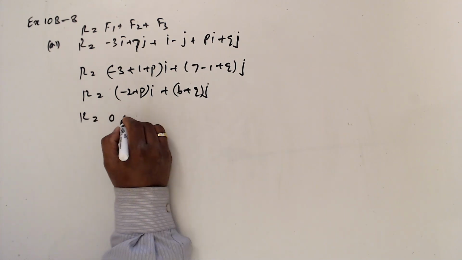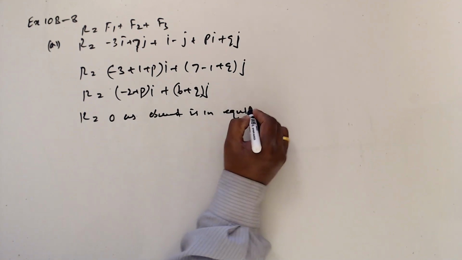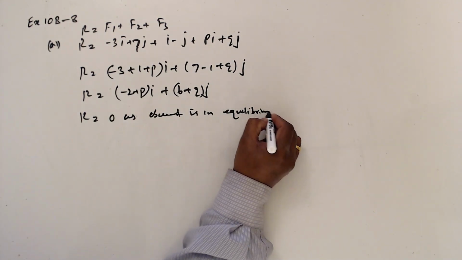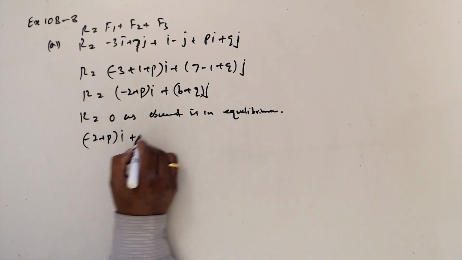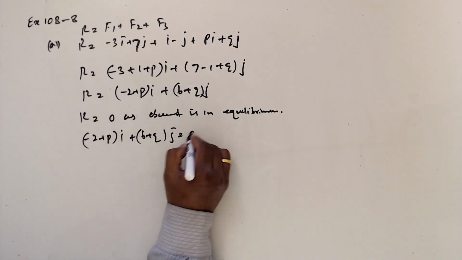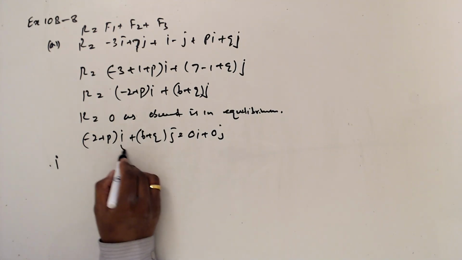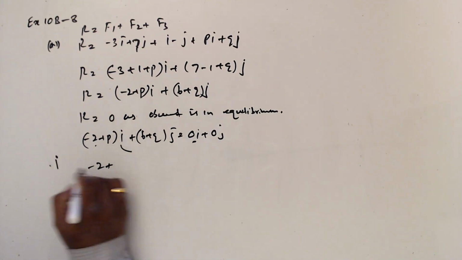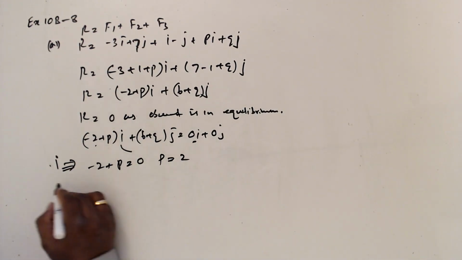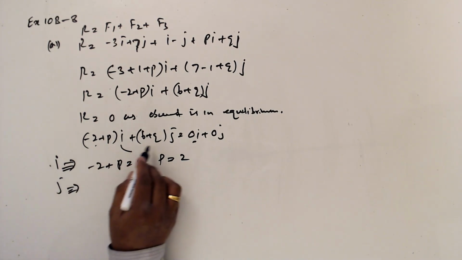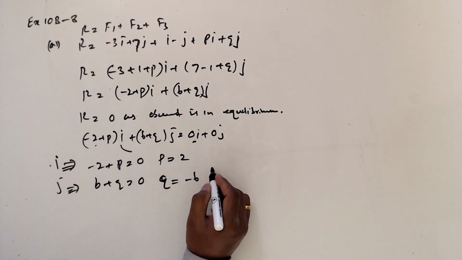R equals 0 as the object is in equilibrium. Hence (minus 2 plus P)i plus (6 plus Q)j equals 0i plus 0j. When you consider the i component, minus 2 plus P equals 0, P equals 2. When you consider the j component, 6 plus Q equals 0, Q equals minus 6.